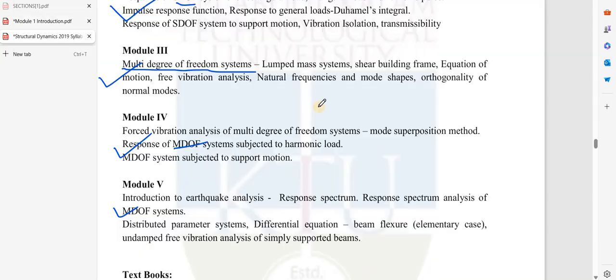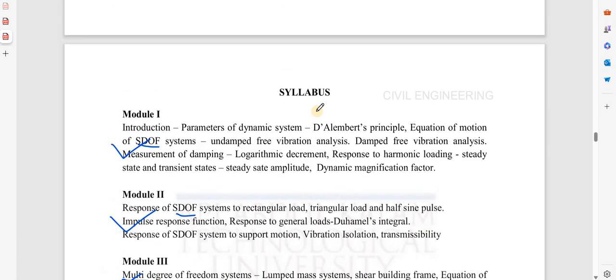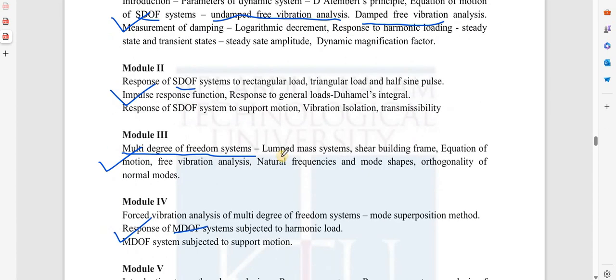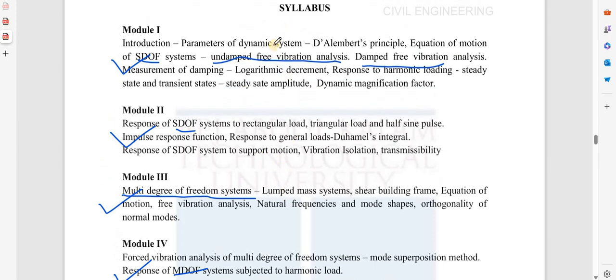If I take the syllabus, you can look at it now. Here you can see the first thing we will study is undamped free vibration. What is the meaning? There the damping, the c factor, is 0. Here you can see it is damped free vibration. Like that only we will be dealing with our subject. As the course goes on, you will understand each of these terms.